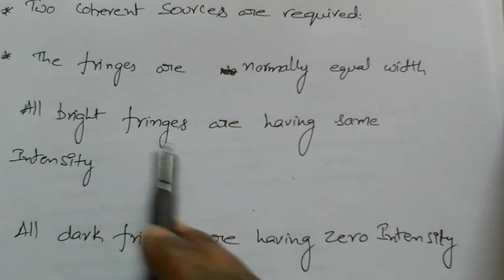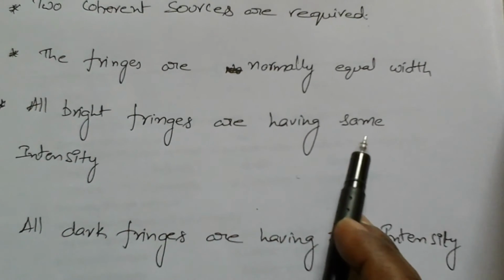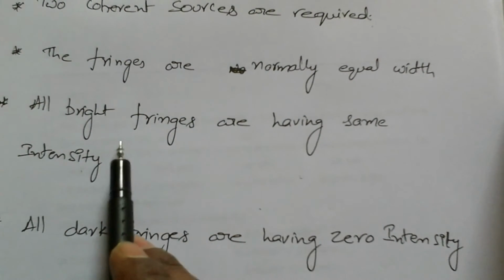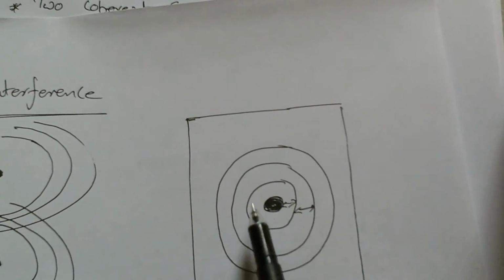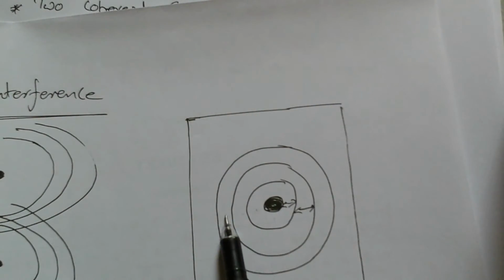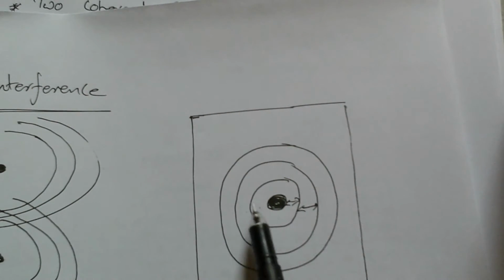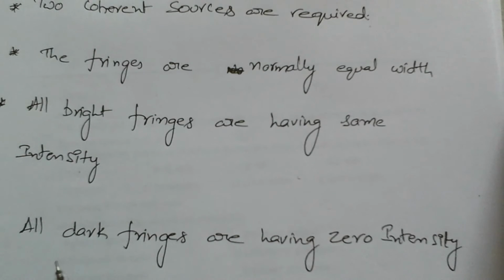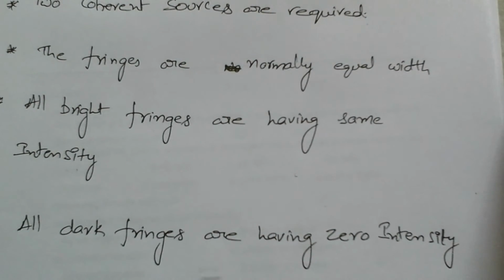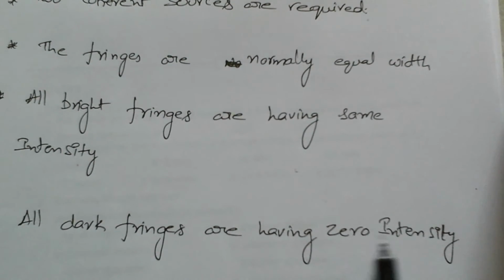All bright fringes have the same intensity. You can see this bright fringe, this bright fringe, this bright fringe, all having the same intensity. Next, all dark fringes have zero intensity.